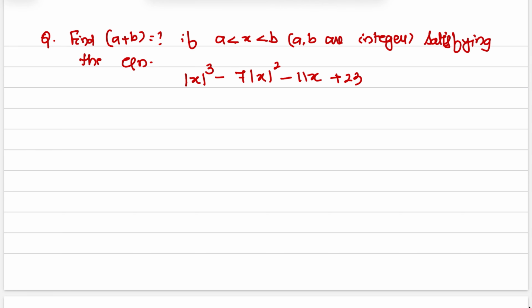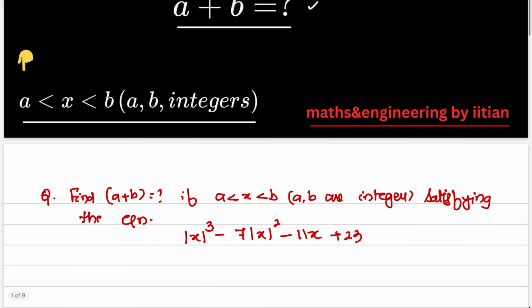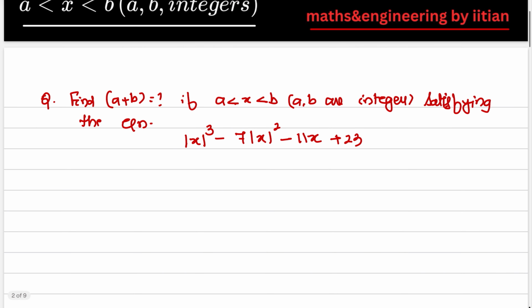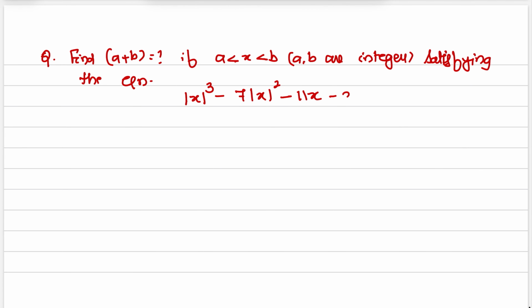This is the equation. We have to solve it. Absolute x cube minus 7 absolute x square minus 11x minus 23. It's not plus 23, it is minus 23, is equal to 0.